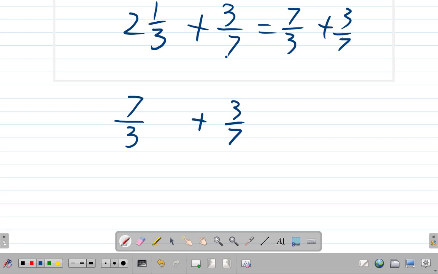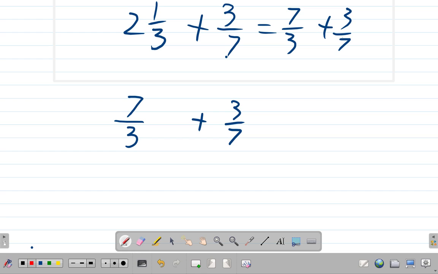Add 7 of something to 3 of the same thing, then you get 10 of that thing. So we need the denominators to be the same. This is 3, this is 7, but these two denominators must be the same.